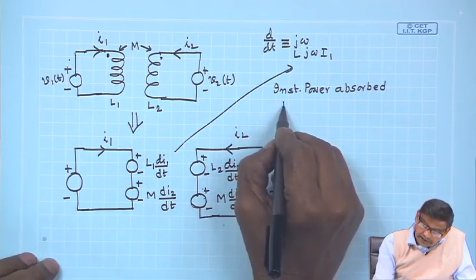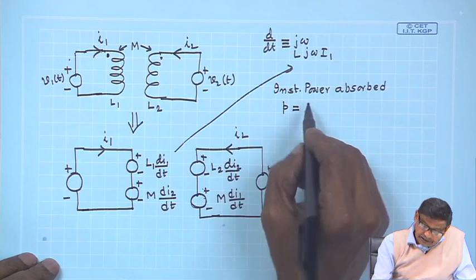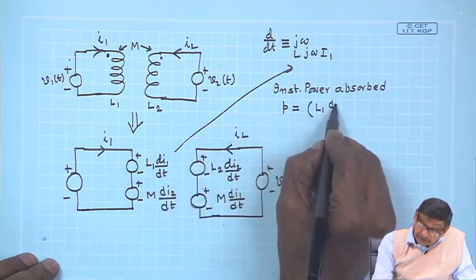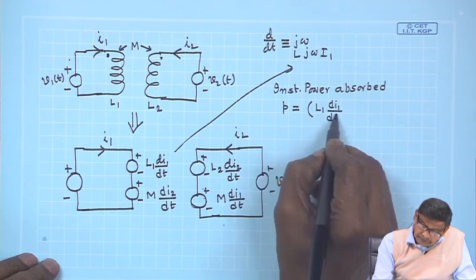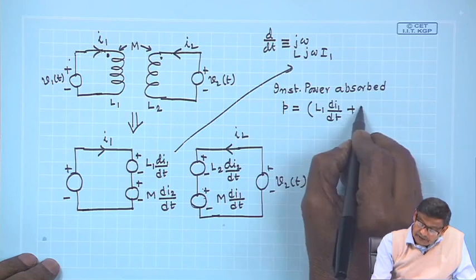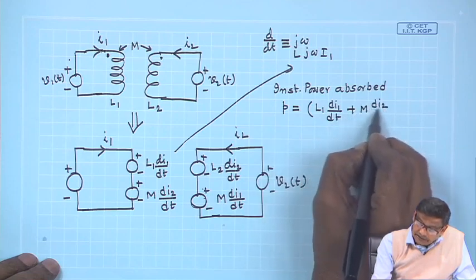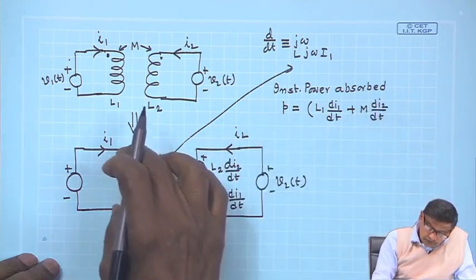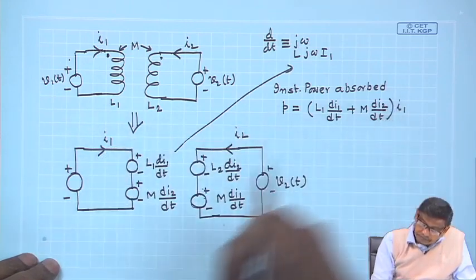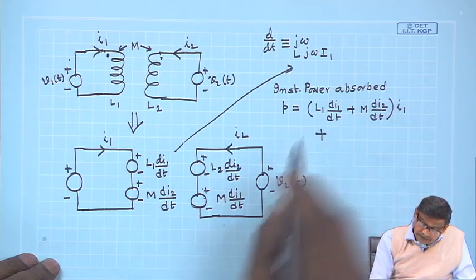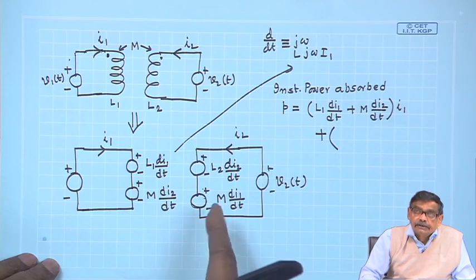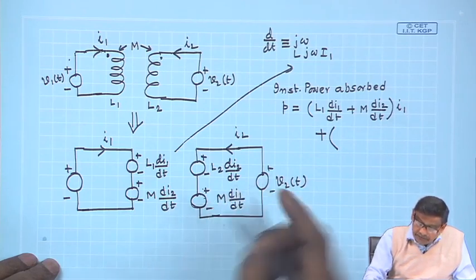So we write instantaneous power will be then voltage across this coil, first coil, L 1 d I 1 dt plus M d I 2 dt. This is the voltage between these 2 points into I 1. But this fellow also absorbs power. So, I have to also consider this coil, how much power it is absorbing.